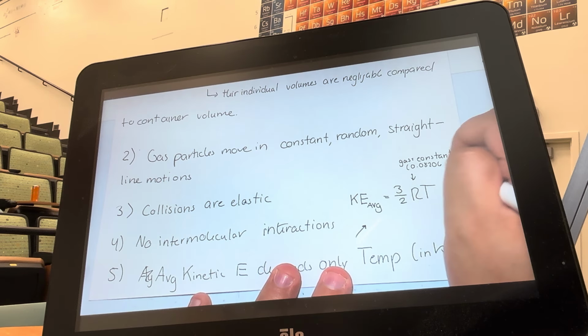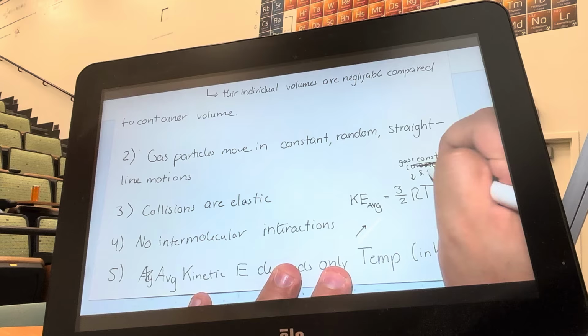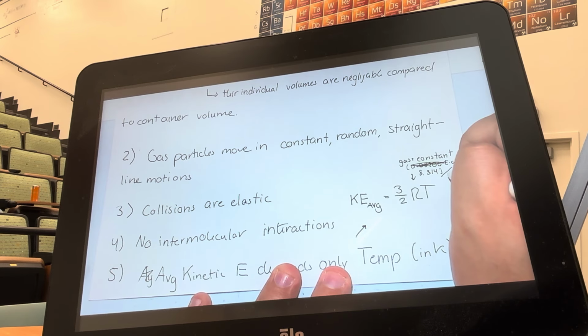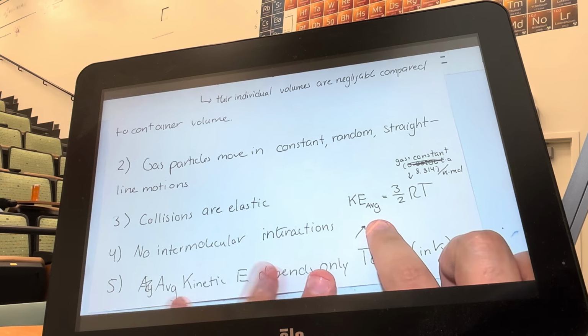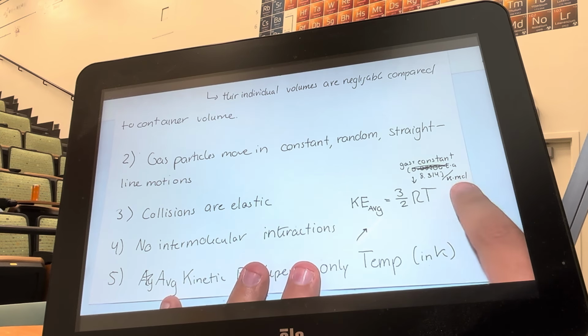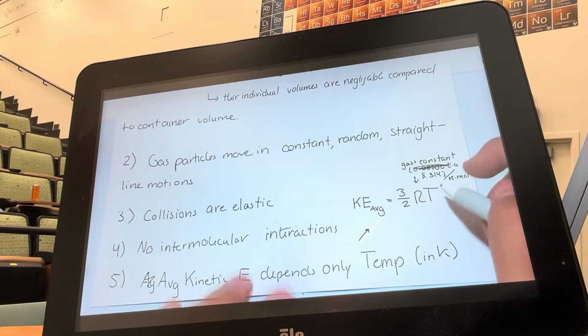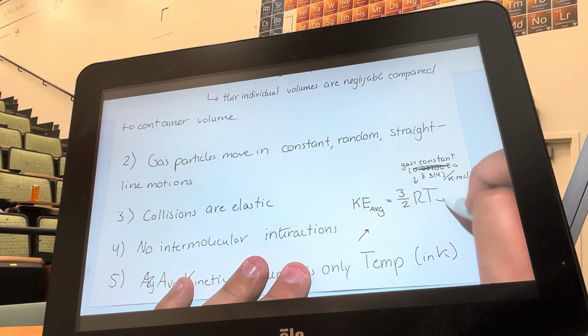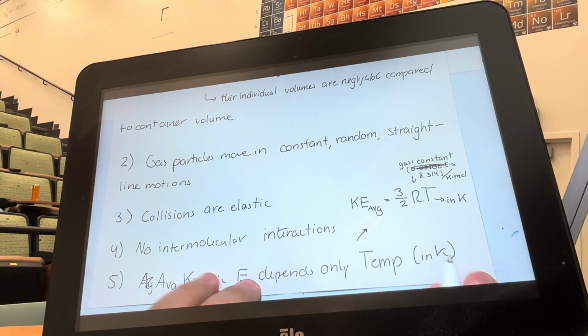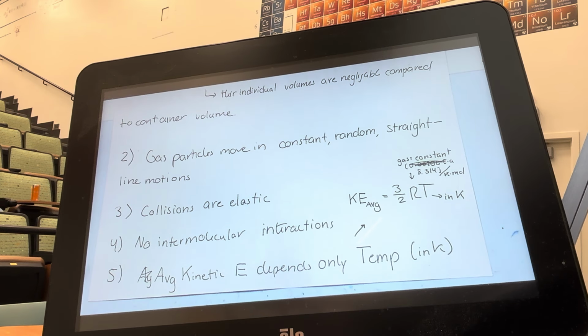Not true, I'm sorry, excuse me, not that one. It's the 8.3141, because the kinetic energy is measured in joules. So this has to be joules for this to be joules. And then temperature is just by itself in Kelvin. Does that make sense?